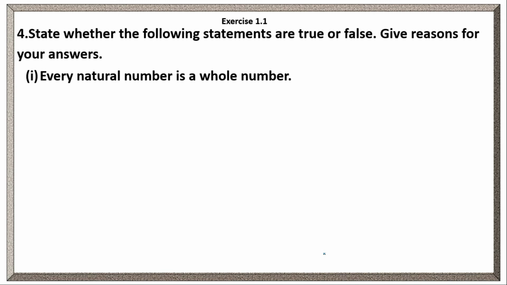Let's see fourth problem. State whether the following statements are true or false. Give reasons for your answers. Every natural number is a whole number. Natural numbers means 1, 2, 3, 4, so on. Clear? Whole numbers means 0, 1, 2, 3 and so on. Clear? So all the natural numbers are in the set of whole numbers only or not? So every natural number is a whole number.